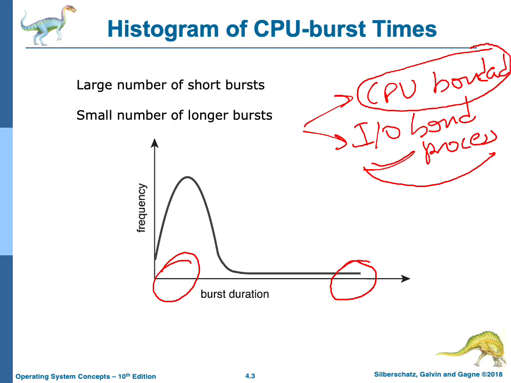They have very short burst times, but frequent ones, right? So they need to run on the CPU for a small amount of time and then do an I/O request, an input or an output, and then go back again, make another request to run on the CPU, and so on. So the frequency is higher when it comes to I/O bound processes versus CPU bound.